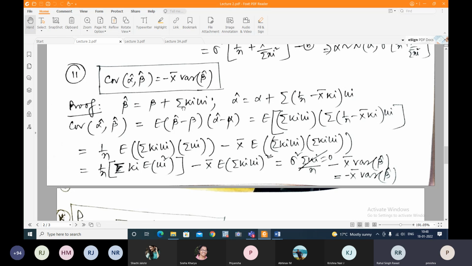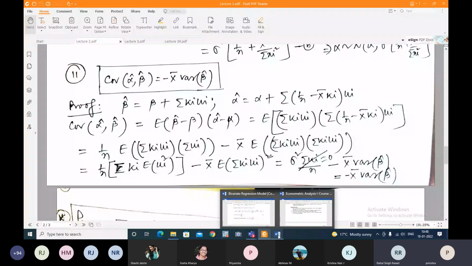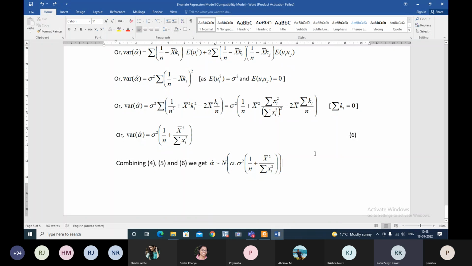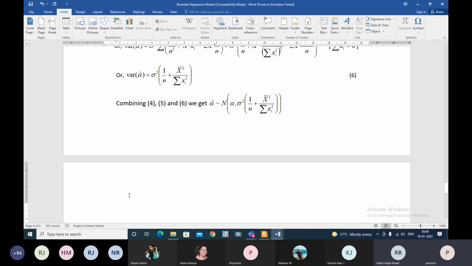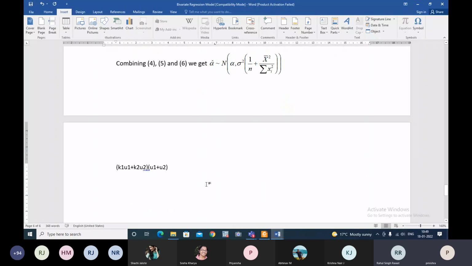Let me just write it in the Word file. Basically, the first part I'm talking about is like this: K1 U1 plus K2 U2 into U1 plus U2. Again, I'll write it down in detail. So when I do this, what do I get?